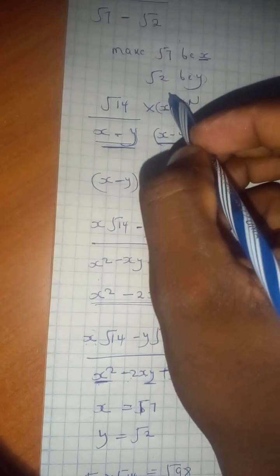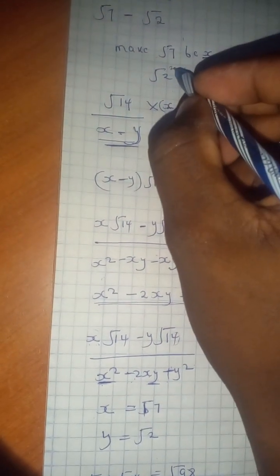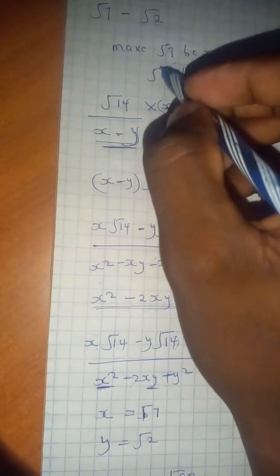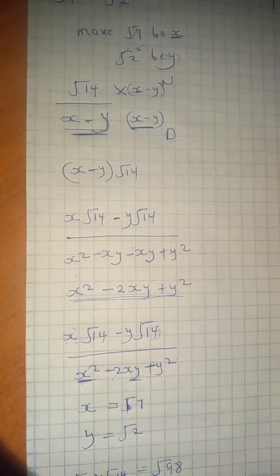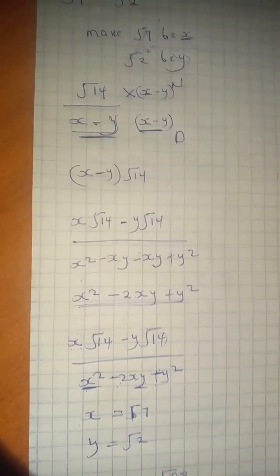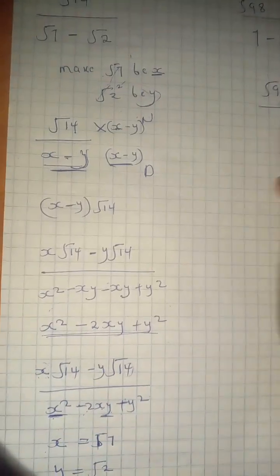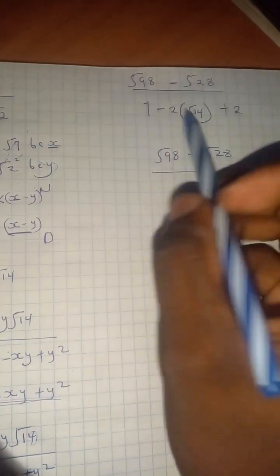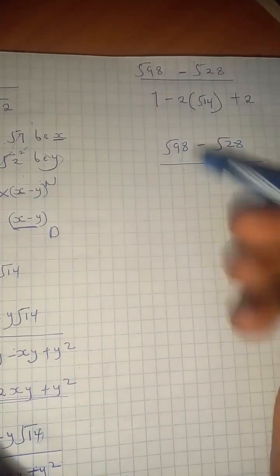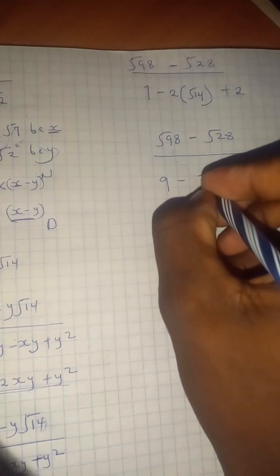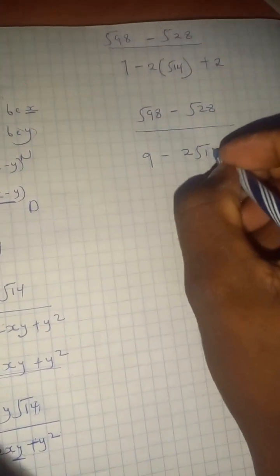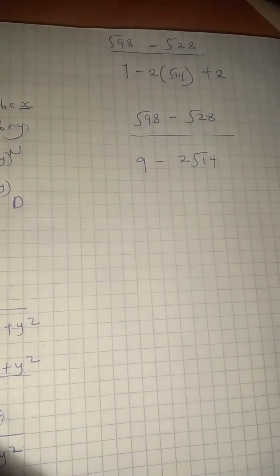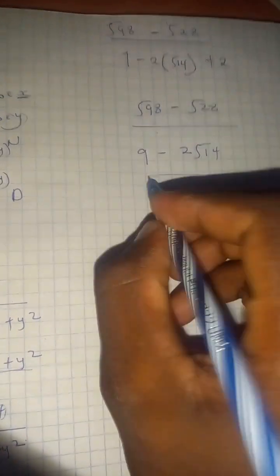We had already said the square removes the root, so it will be 2. So it will be root of 98 minus root of 28, divided by, collecting like terms, 7 plus 2, which is 9, minus 2 root of 14. So this is rationalized.